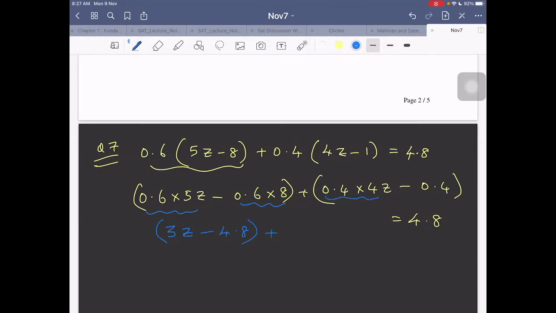So it's 1.6z minus 0.4 is equal to 4.8. So far, so good.